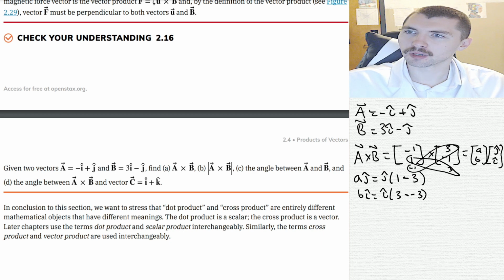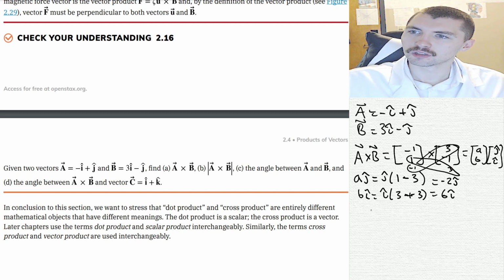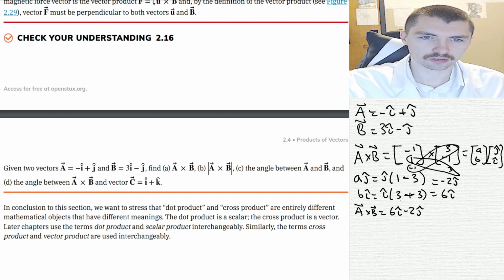So 3 minus minus 3, 3 plus 3 equals 6. 6 I hat, and we have negative 2 J hat. Okay, so A cross B equals 6I minus 2J. Did the book get that?